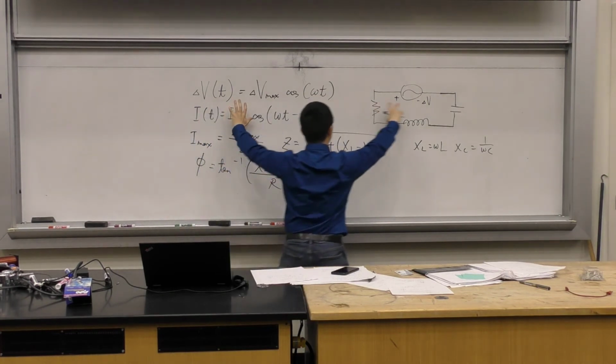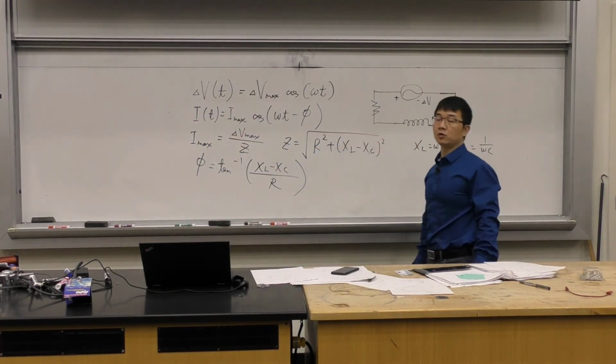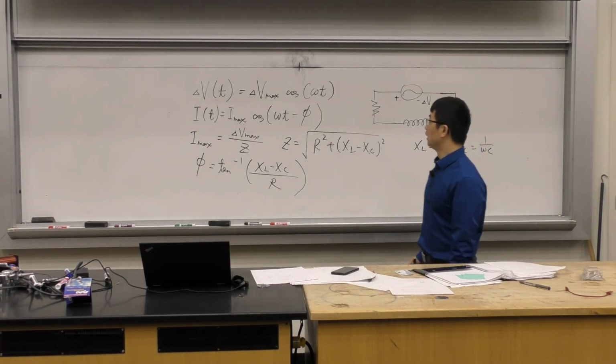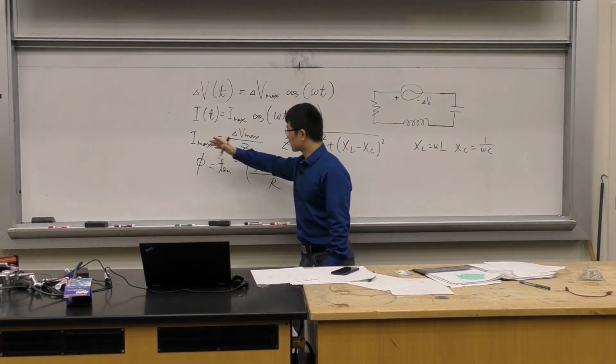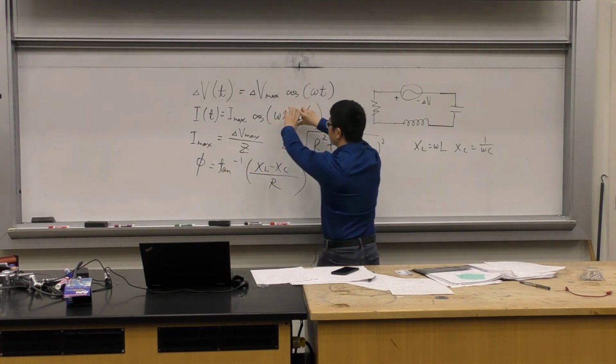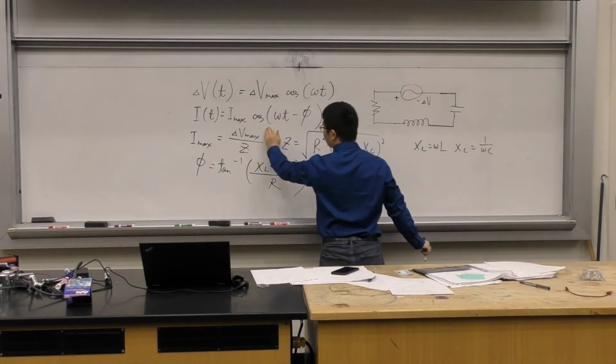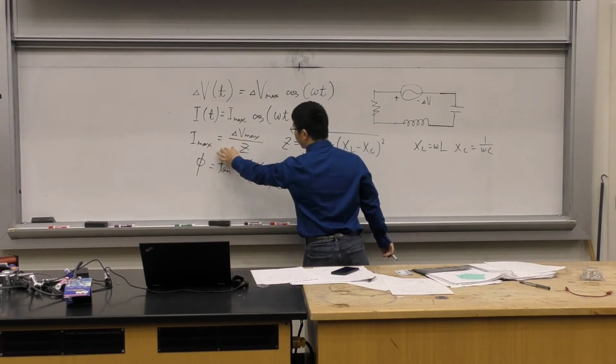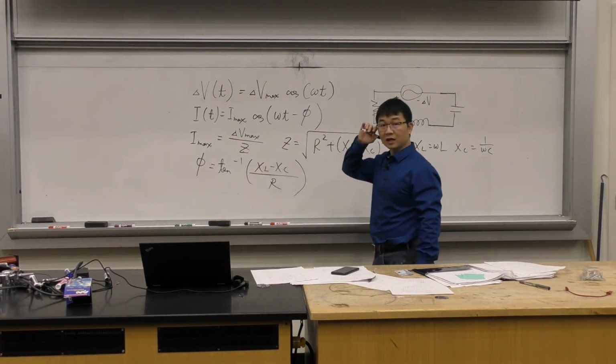You get a long equation, and we don't like that. We want to write it in a nicer form. So I'm going to define Imax this way, and call this angle phi, so that I don't need to write a long solution. I will just write this and tell you what each term is. So it's so nice, right?